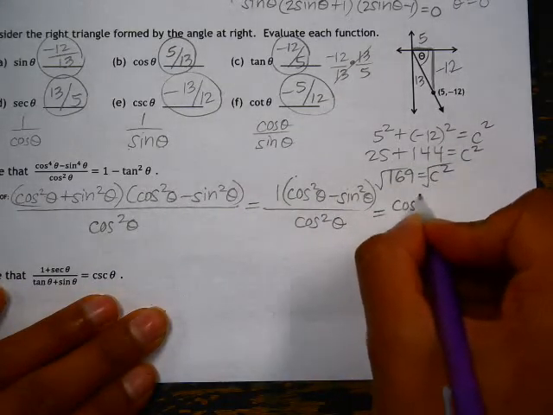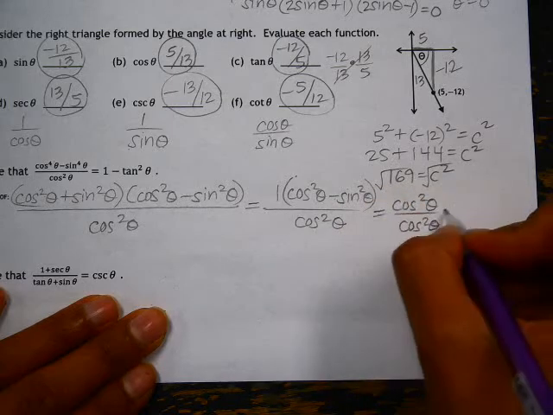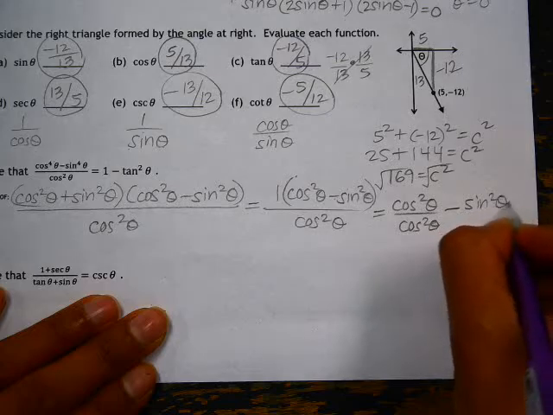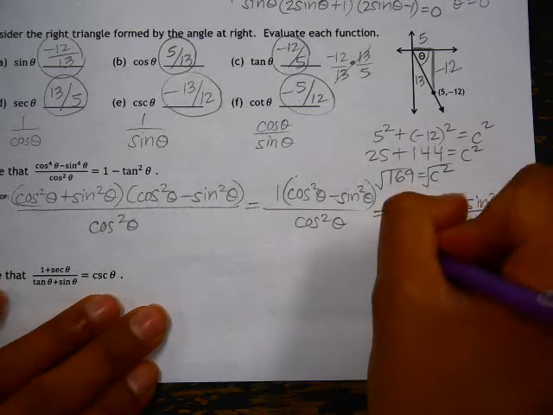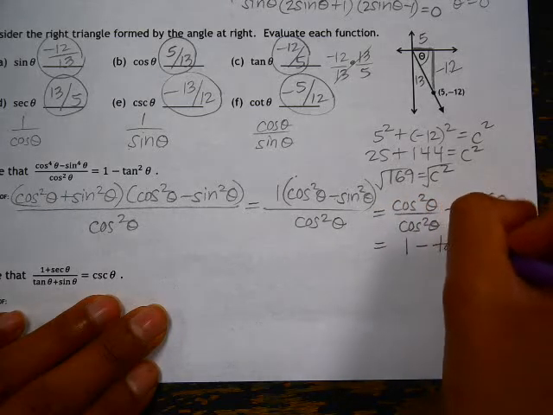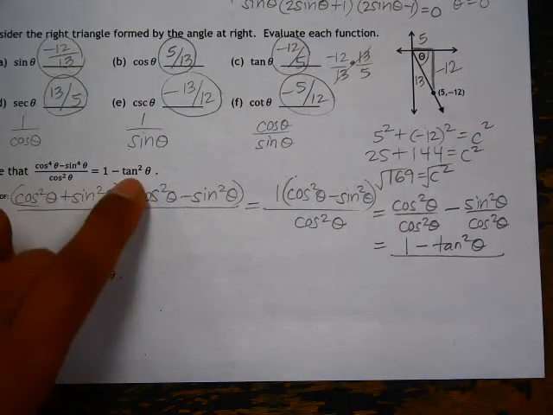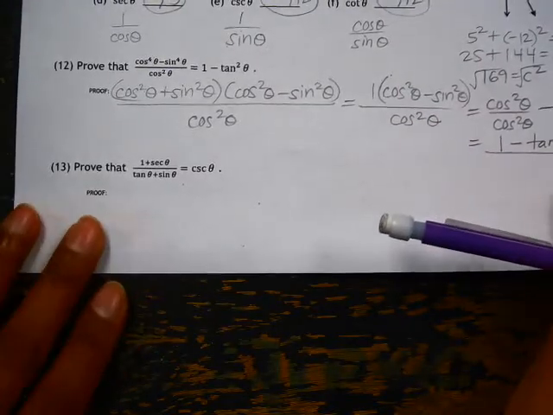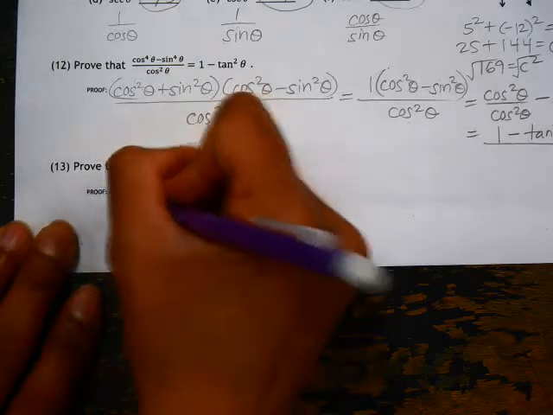So I'm going to separate this into two fractions, cosine squared divided by cosine squared minus sine squared divided by cosine squared. Cosine squared divided by cosine squared is just equal to 1. Sine divided by cosine is tangent, so that would be 1 minus tangent squared, which is what we want to end up with.